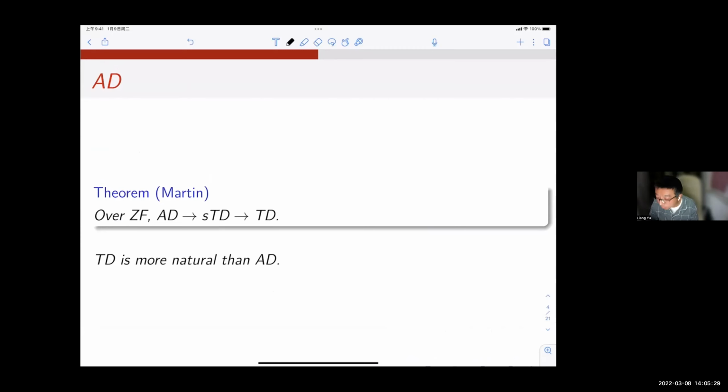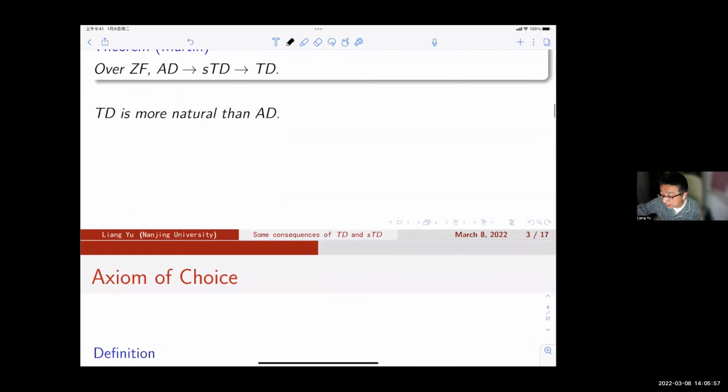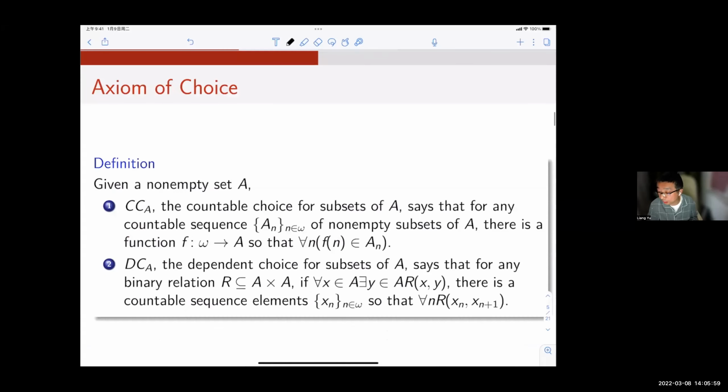It looks much more natural than AD, and it's very neat. Actually, when people use AD in set theory, most of the time they use TD, especially in inner model theory, where they use TD as an axiom to get some consequences.